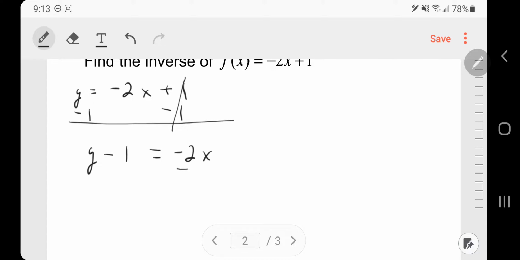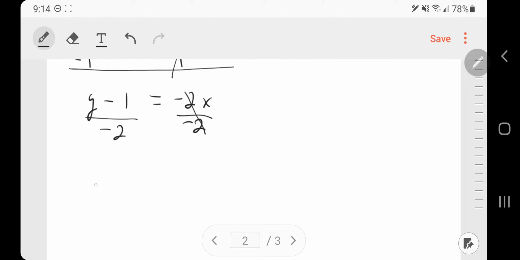Okay, I still want to get x by itself, so I'm going to divide by -2 on both sides. So what we end up with is x equals y minus 1 over -2. Okay, x is now by itself, so I'm going to switch the positions of x and y here.